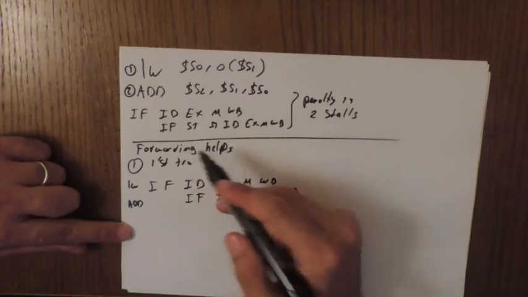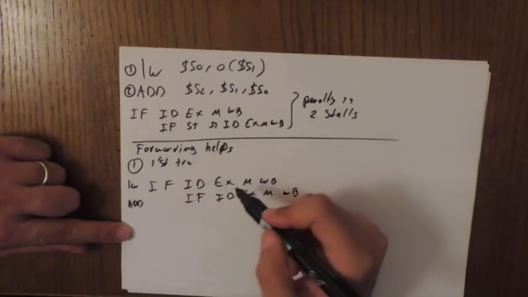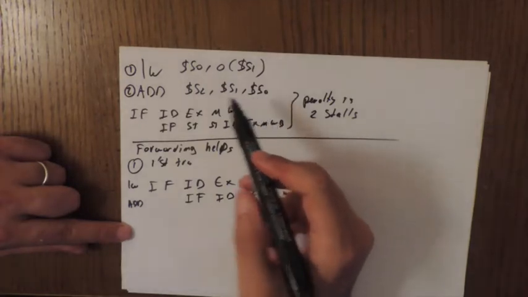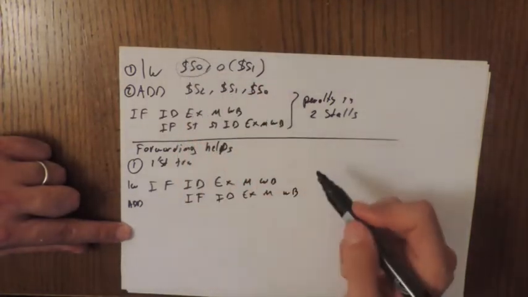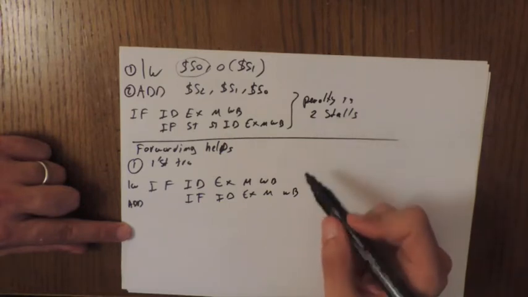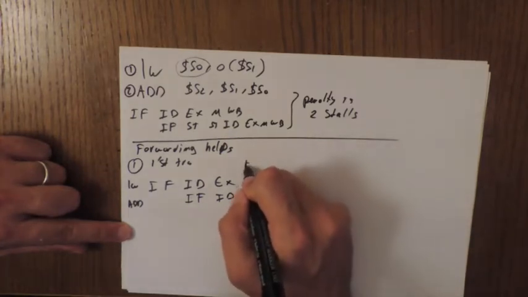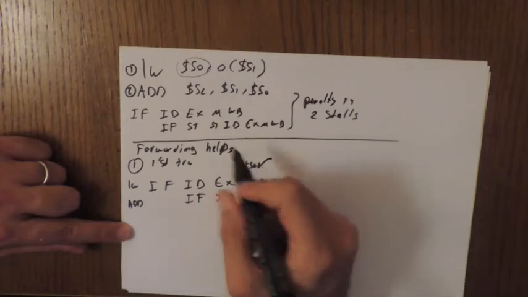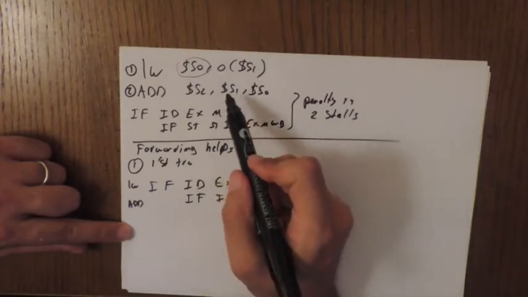Initially we used to do forwarding from the execute to the execute. Now S0 is ready at which stage? We all know that load word reads from data memory. So S0 has its value ready at the memory stage.